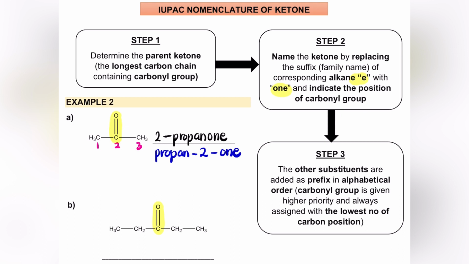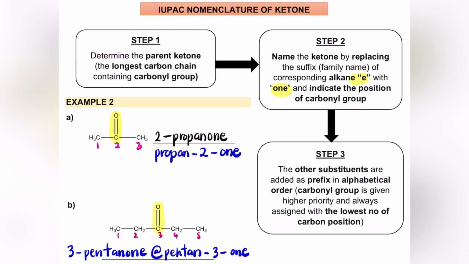So I'm going to start from here, the first carbon, from the left. 1, 2, 3, 4 and then 5. So this is what we call 3-pentanon because 5 carbon atoms for ketone. The other name that you can write that is also acceptable is pentan-3-on. So make sure your name ends with its family name, on.